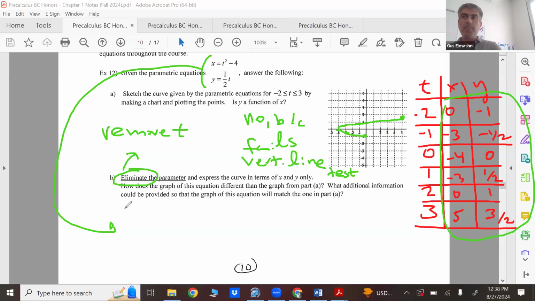David, go ahead. You could put 1/2 t squared minus 4. Or you could get t by itself in the second equation. That could work. Just avoid fractions. So let's say t equals 2y, right? So then x equals 2y squared minus 4.